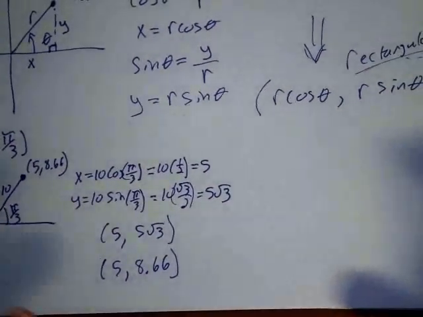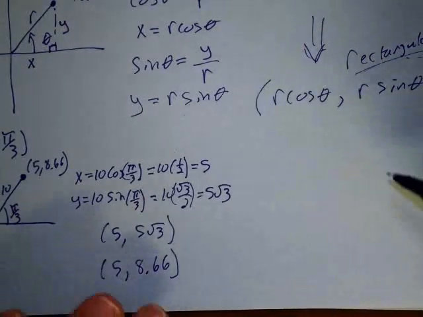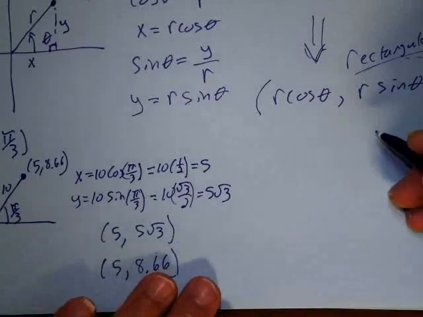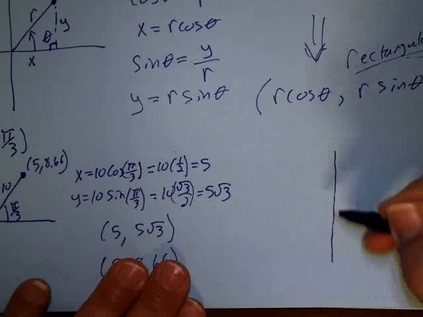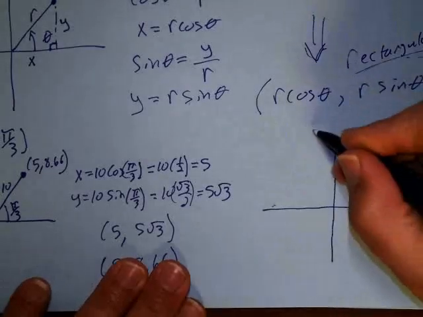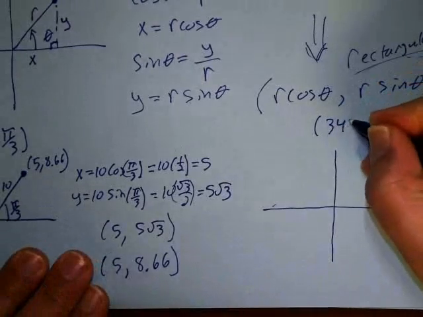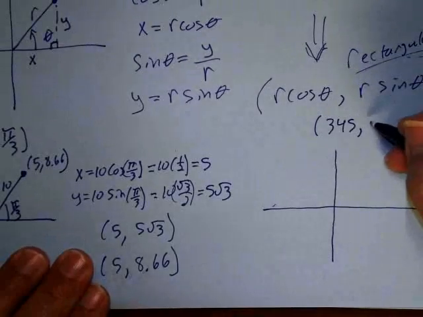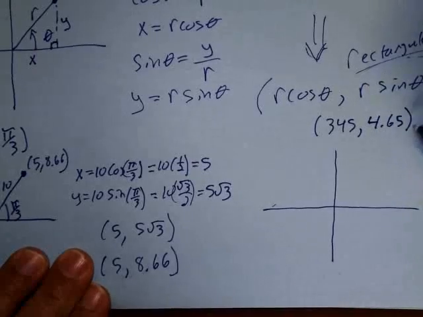What's really nice is that this works for any of the quadrants. It doesn't have to be this one. This is what makes sense with our right triangle, but because of the way the unit circle works, I could have some weird ordered pair. Let's say it's 345, and then I'll give a radian, not in terms of pi, we'll say 4.65.